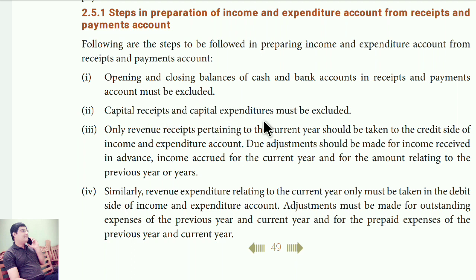Capital receipt and capital expenditure must be excluded, means don't write capital receipt and capital expenditure. Balance sheet items will not come under income and expenditure account. Only revenue receipt and revenue expenditure will come under income and expenditure account.